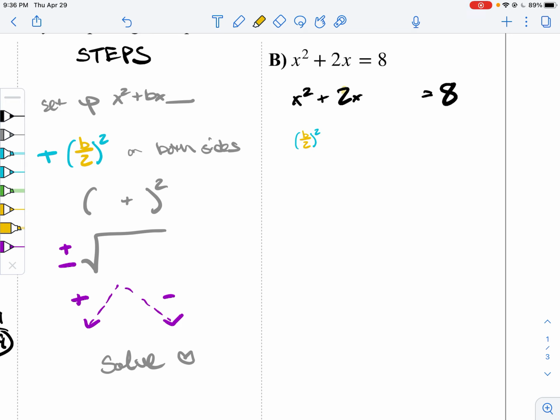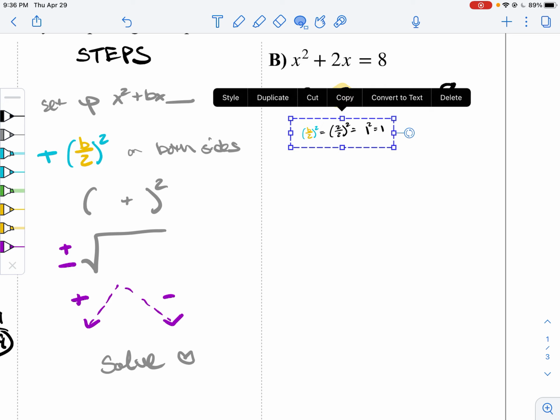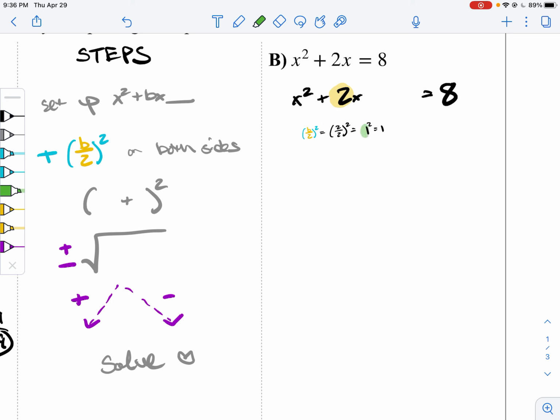Here our b is 2, so that's going to be 2 over 2 squared. 2 over 2 is 1. 1 squared is 1. Awesome. So 1 is the number we want to add, so we add 1 to both sides.